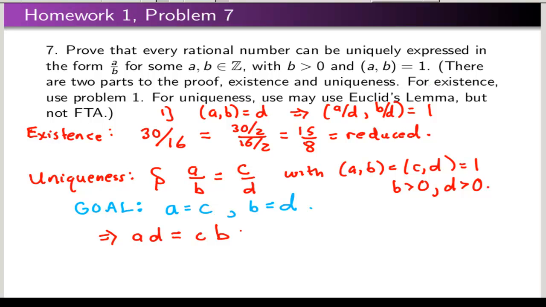So A is a divisor of B times C, which implies, and now use Euclid. What's that going to mean? After all, at this point, we have the assumption that A and B are relatively prime.